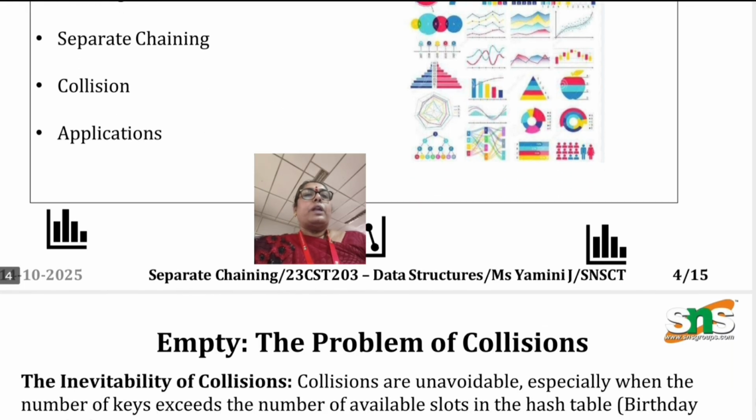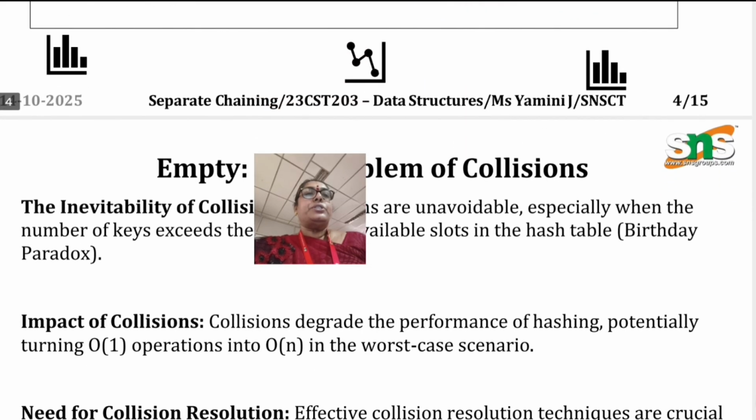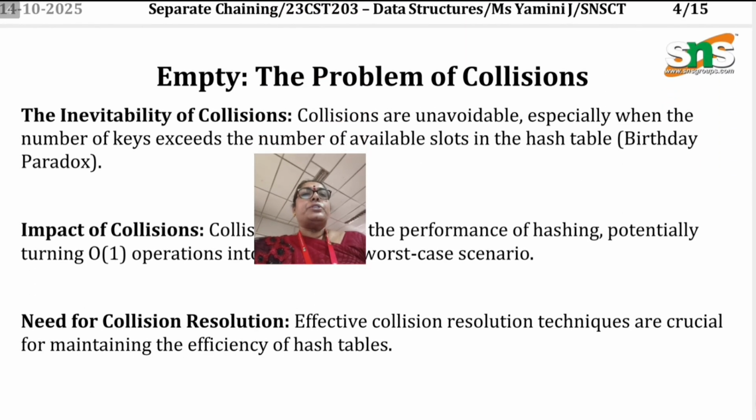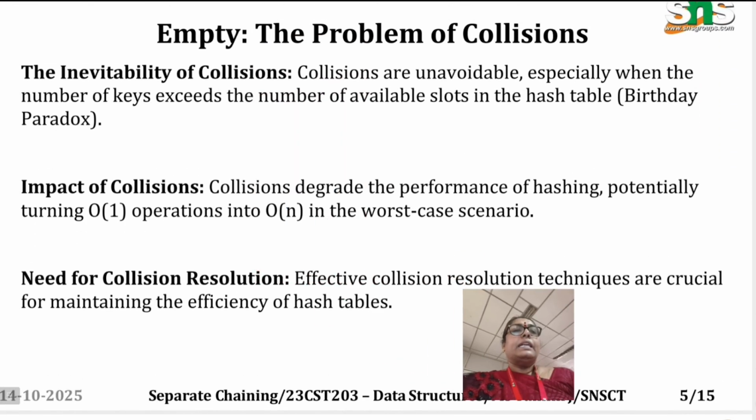Next, the problem of collision. Collisions are unavoidable, as explained by the birthday paradox in hash tables. As the number of keys increases, the chance of two keys sharing the same index rises dramatically.